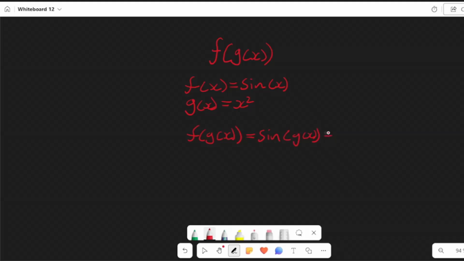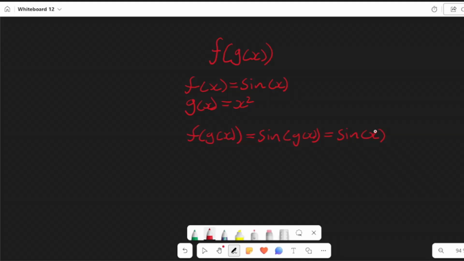So it's essentially sine of x squared. So here we have an inscribed function, and I mean sine of x is already an inscribed function if g of x equals x. So you can say that pretty much any function can be described as an inscribed function, but let's just hold it here for now.